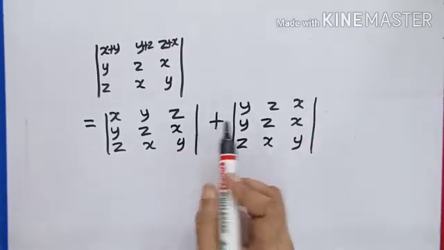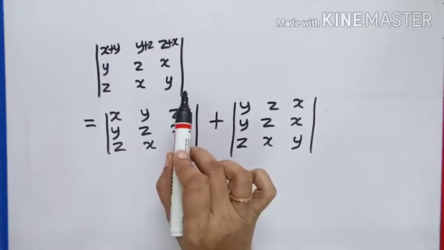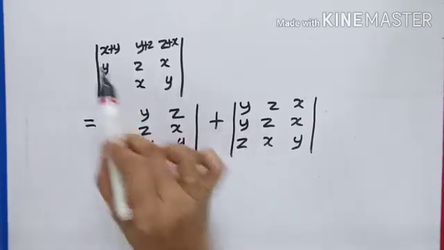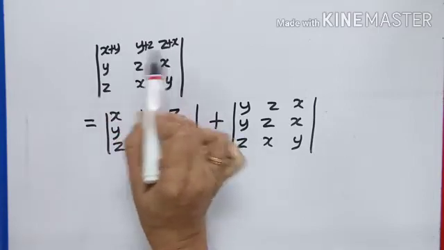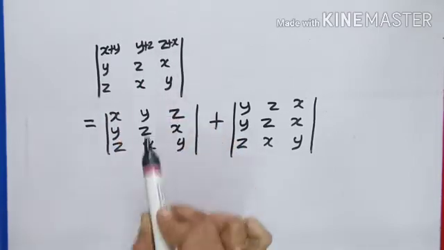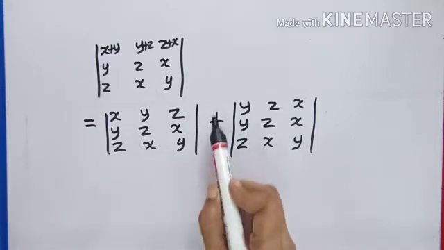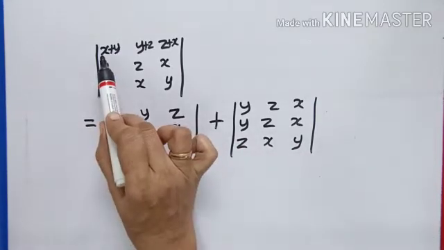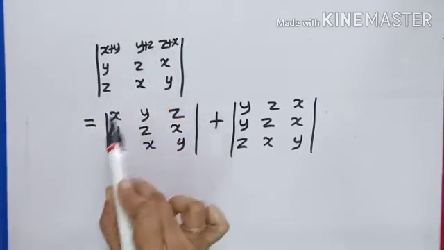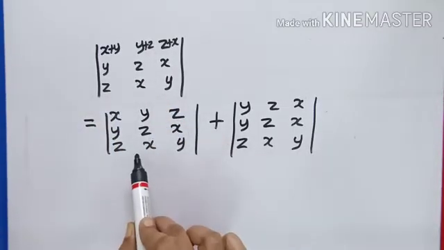So this is another important property in determinants. First row is a sum of two elements. So the determinant itself is becoming sum of two determinants. First row, all the first elements will come in the first determinant.